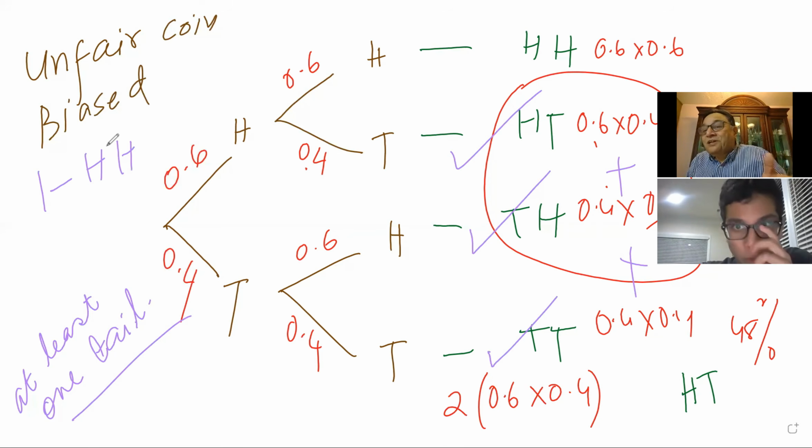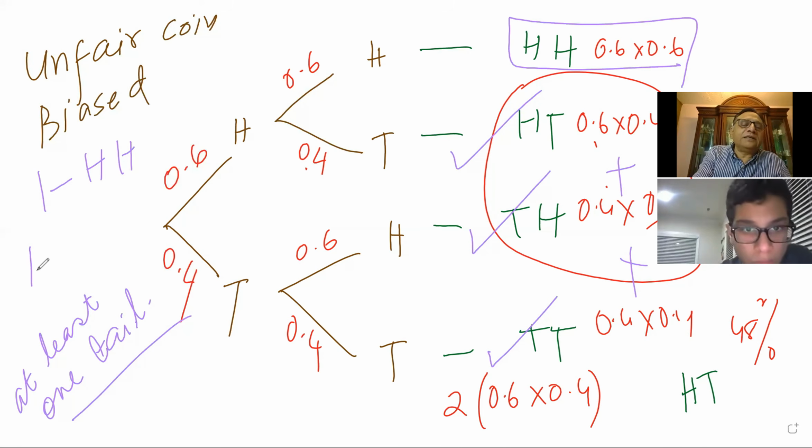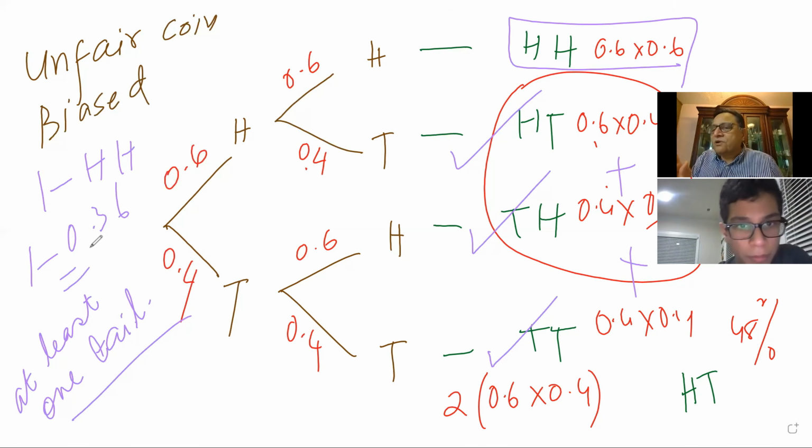Do you understand? So the complement could be faster since we are only looking at this now and we are saying 1 minus 0.36, correct? Is my answer for at least one tail. You get the idea. So same question, we are approaching with a different logic, but we are arriving at the right result.